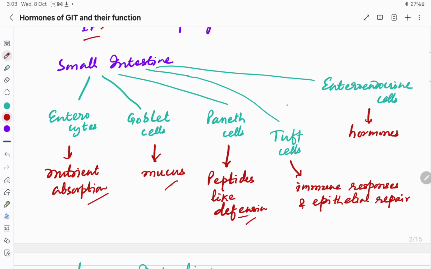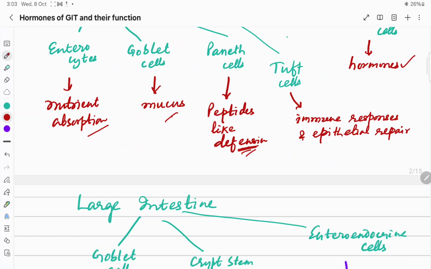The difference from the Paneth cells is that, as the name suggests, they defend against the pathogens, so they have antimicrobial action. And finally the enteroendocrine cells, which secrete hormones.